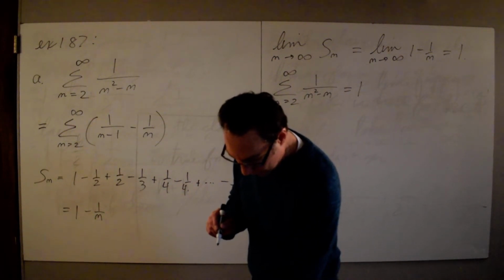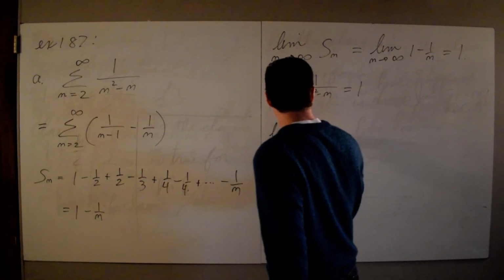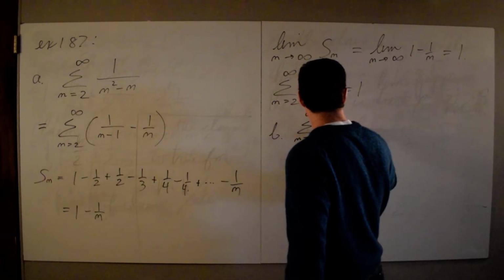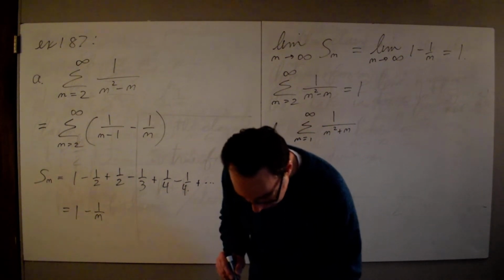For part B, we have the sum n equals 1 to infinity of 1 over n squared plus n.